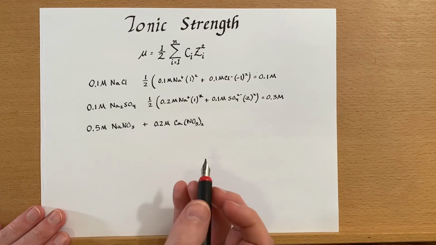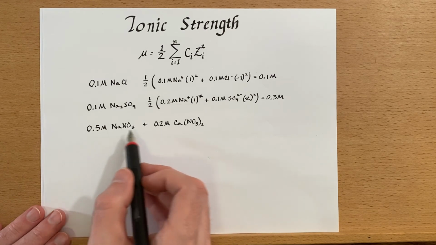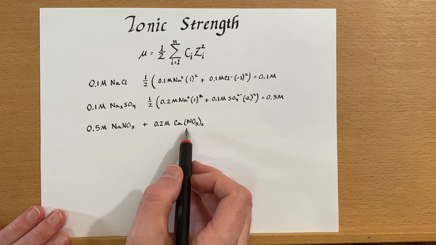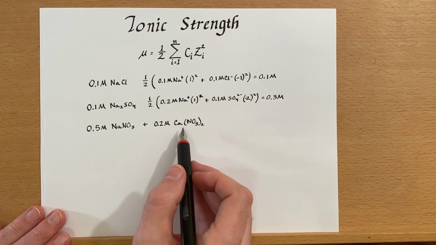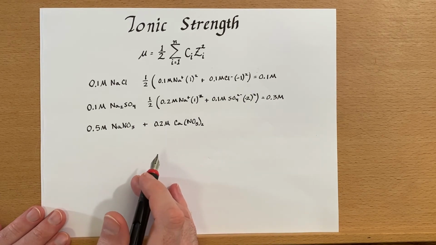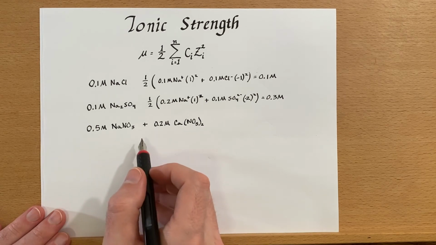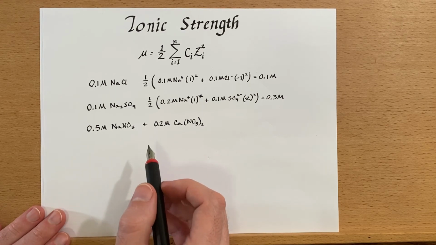So that's possible to make, right? We can just add some sodium nitrate into the solution and add some calcium nitrate in to make the appropriate concentration. So let's see what effect that has on the ionic strength calculation.